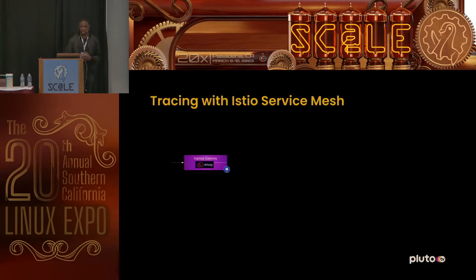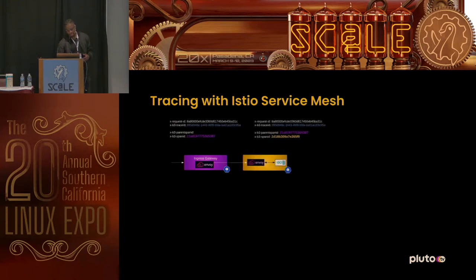Just to give you a better idea, once a request comes into our service mesh, we use a gateway, and that gateway is able to add the trace headers that are required. Once we have those trace headers, the request is sent to the Envoy proxy running as a sidecar to whatever container the request intends to go to. That Envoy proxy will handle sending the traces to the OpenTelemetry collector, as well as propagating the traces to the container itself.